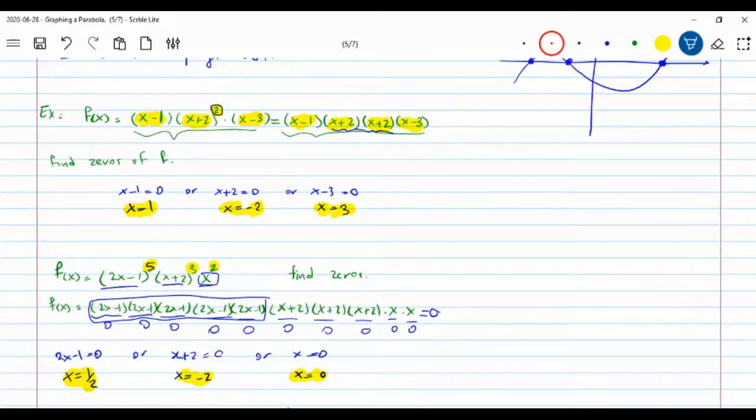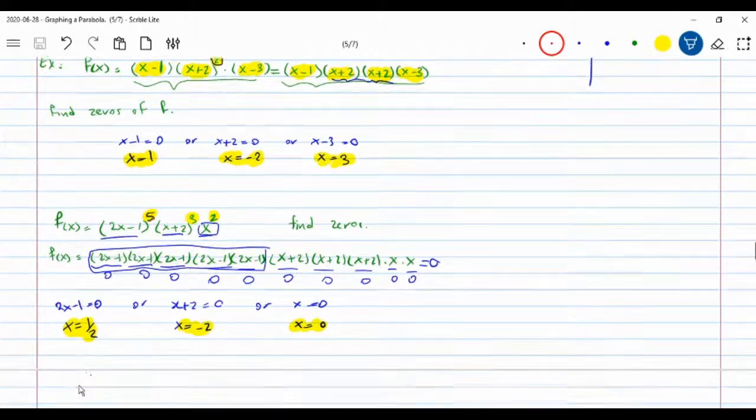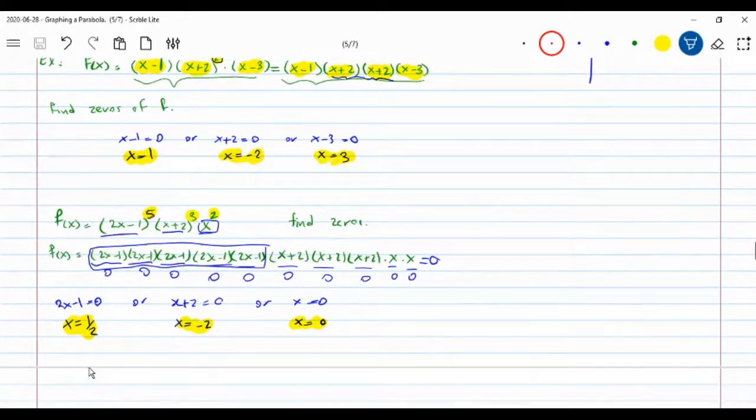So that parentheses equal to 0 happens 5 times. 2x minus 1 equal to 0 happens 5 times. Therefore, x equal to 1/2 has shown up 5 times as a solution. So I can say the multiplicity of that solution, multiplicity is the number of times that solution shows up, is 5 for the solution 1/2.